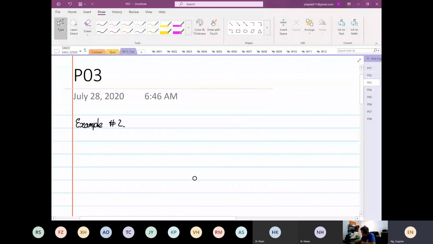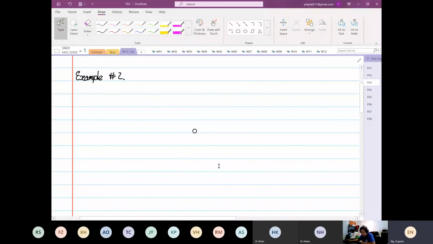Example number 2 is a cantilever beam. Then we call this point A. The structure is on a set of rollers.